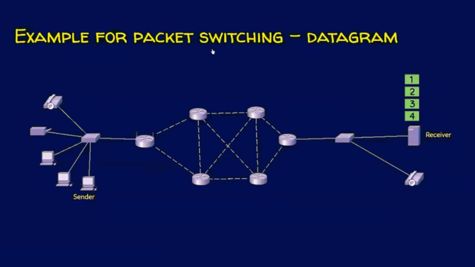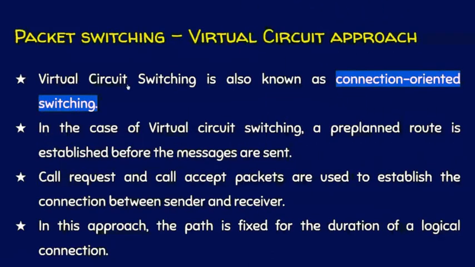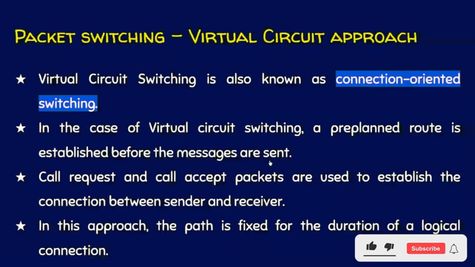We have one more approach in packet switching, that is virtual circuit approach. Virtual circuit switching is also known as connection oriented switching. In the previous case, that is the datagram approach, it is connectionless, where every individual datagram takes a different route. But here, in the case of virtual circuit switching, a pre-planned route is established before the messages are sent.